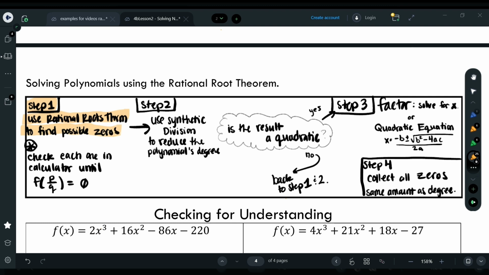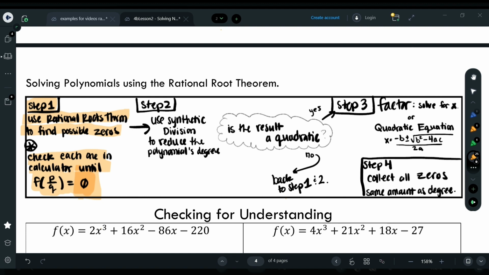So we make the list of all the P over Q possibilities. Those are our possible solutions. And then this is what we do. We're going to check each one, and using a calculator is the most efficient way to do it. Plug it into the equation, see if you get it equal to 0. Once you get it equal to 0, that means you found a solution.